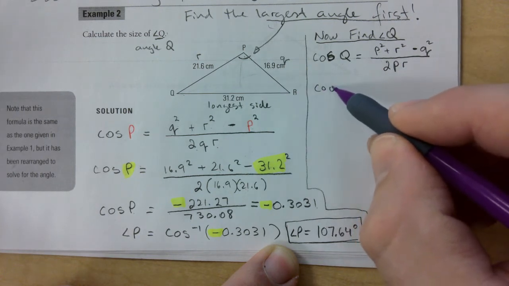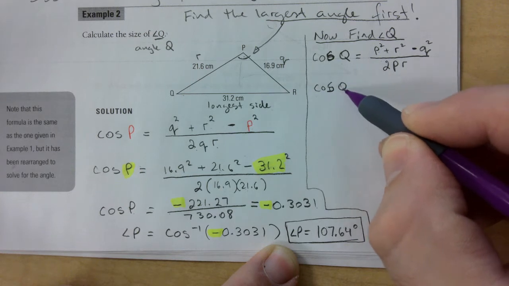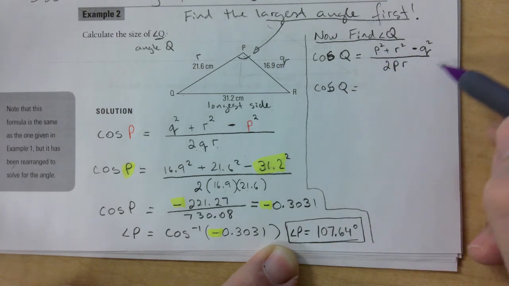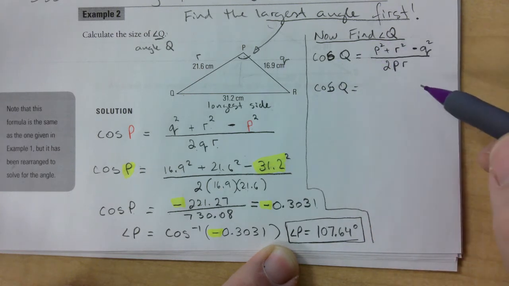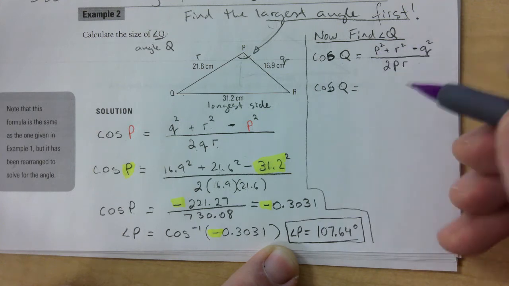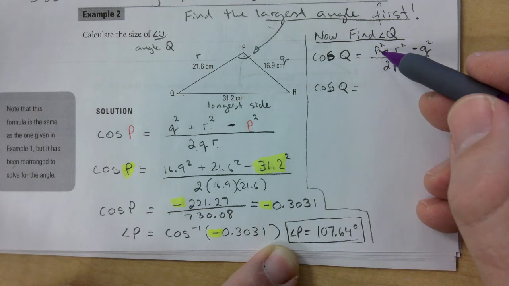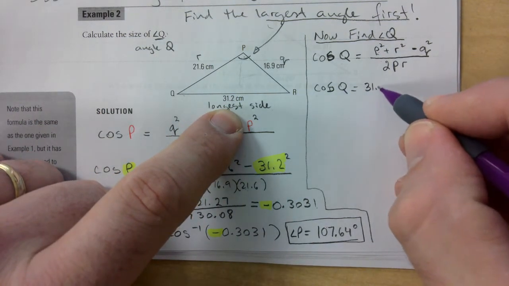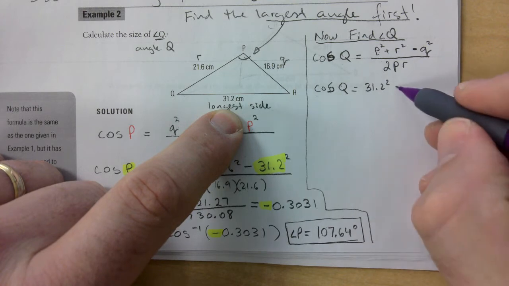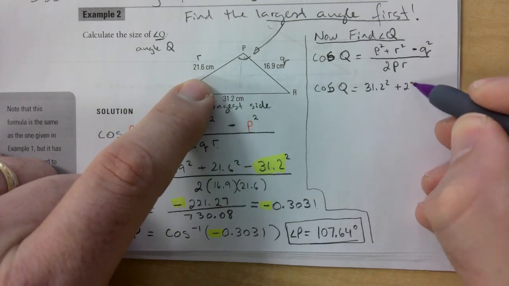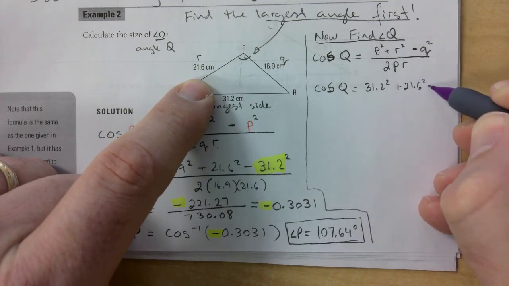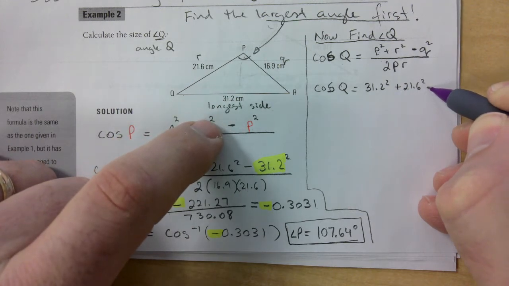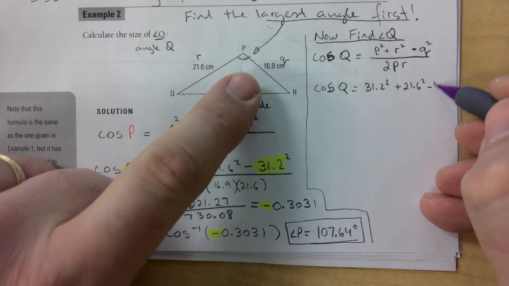So cosine of Q, we plug in the values. Down the road, I'm not going to ask you to do the formula anymore, like to write out the letters, you can just go ahead and plug in right away. P is 31.2 squared. R is 21.6 squared. And Q is 16.9 squared.